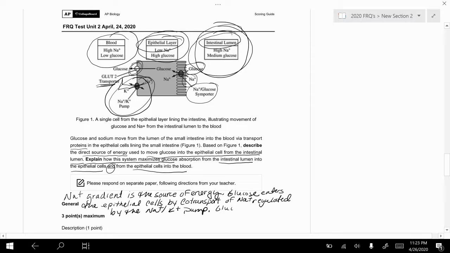So I would say glucose moves from the epithelial cells and is absorbed by the blood by facilitated diffusion.